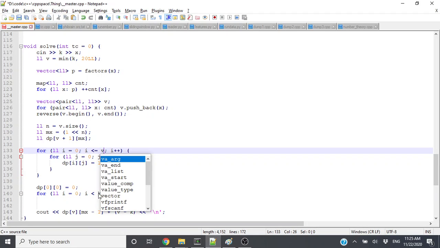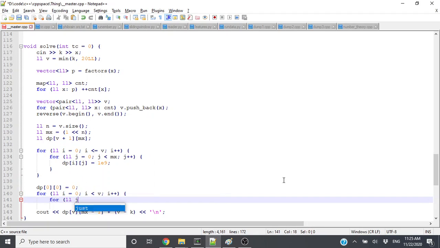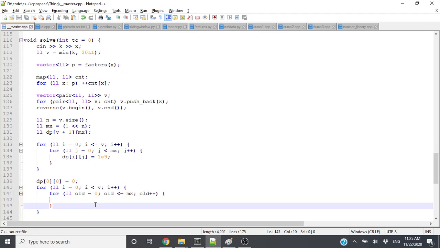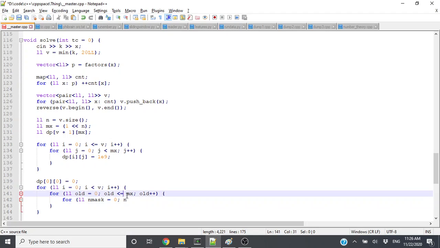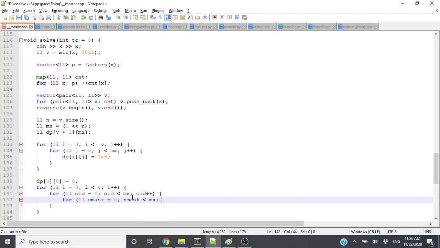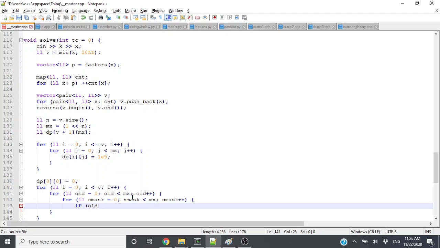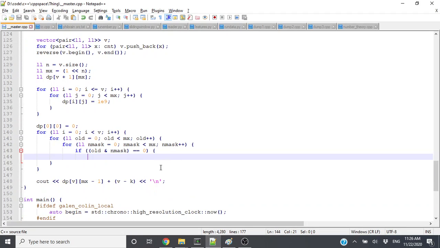This should be b also. This basically checks if there's no overlap because there's no reason to include a value twice.